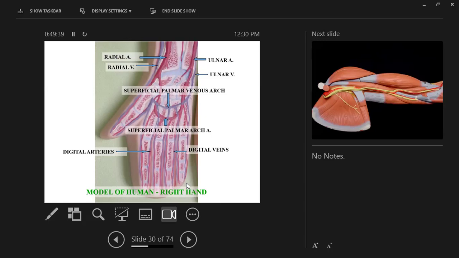And so we see this, it's not very complicated. We're sharing all the names: ulnar artery, ulnar vein, radial artery, radial vein, palmar arch for veins, palmar arch for arteries, and the digital arteries and digital veins.